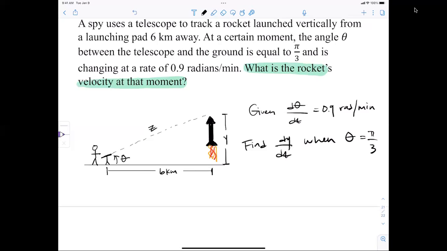Is dy over dt not the velocity thing, it's like a time thing? dy over dt represents the rate at which the distance y is changing, which would be the velocity of the rocket.